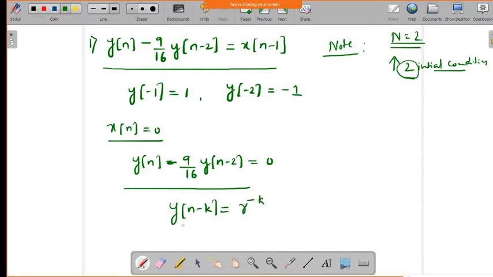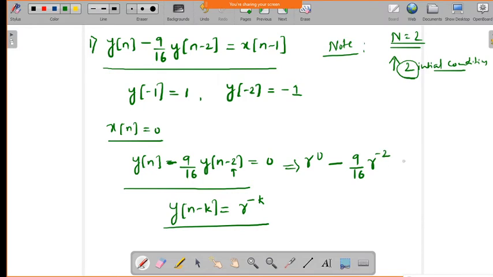If you replace this, you will get the characteristic equation. Here the k value is 0, so you will get r power 0, minus 9 by 16 into, the k value here being 2, r power minus 2.